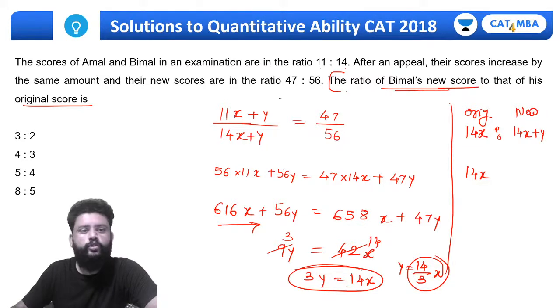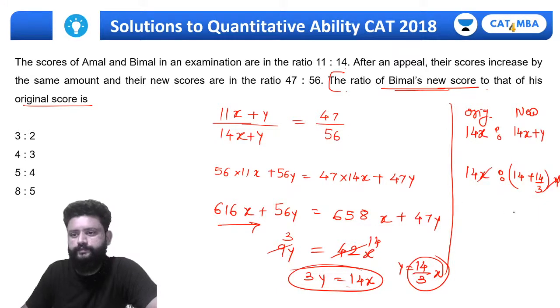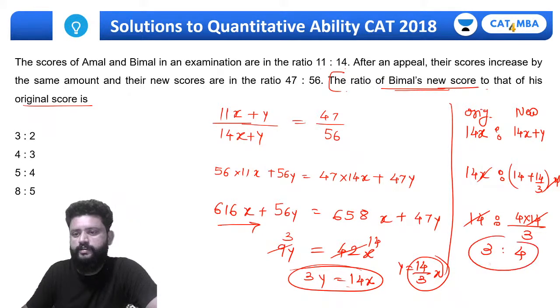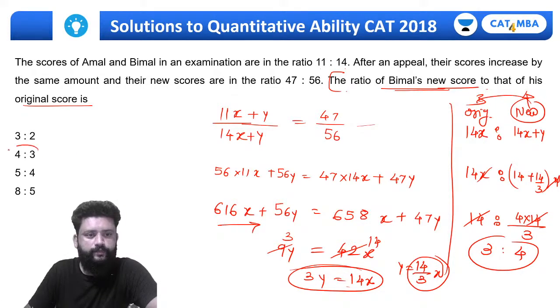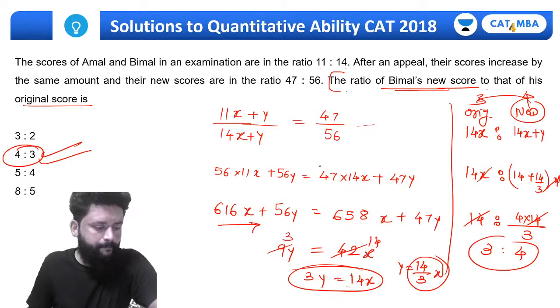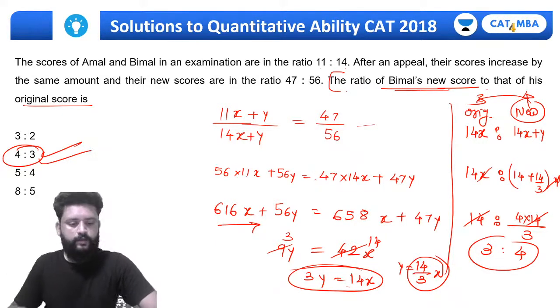I'm getting original to new, we needed new to original, so I'll just reverse the final answer. Comes out to be 14x plus 14x by 3. It's cancelled. 4 times of 14x becomes here, divided by 3, that comes 4:3. So basically the answer is 4:3, original to new. Reverse of this, new to original, this is 4:3. That's the answer, option B.